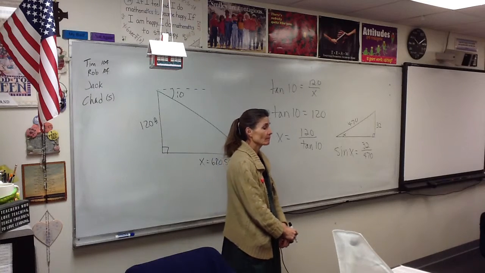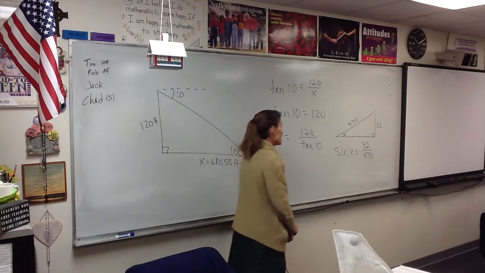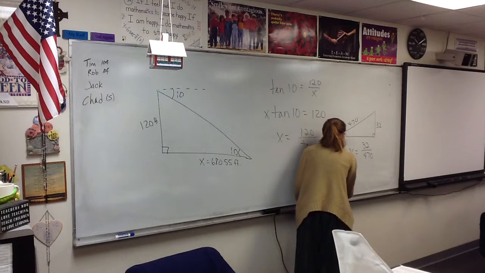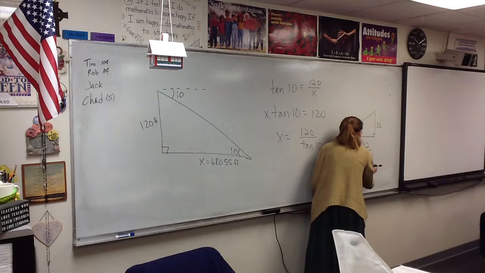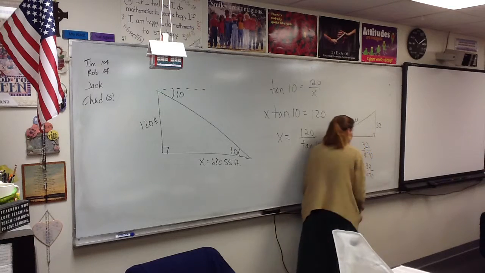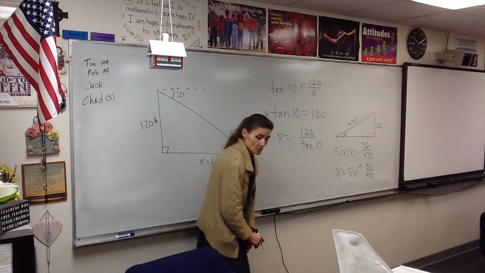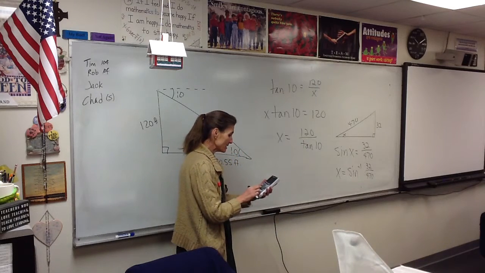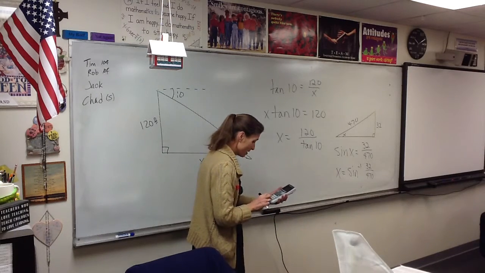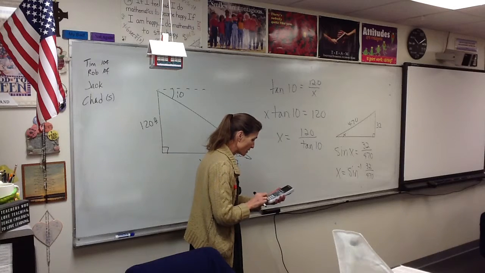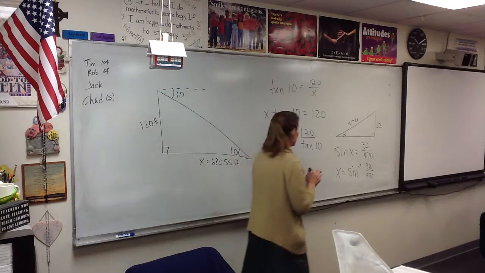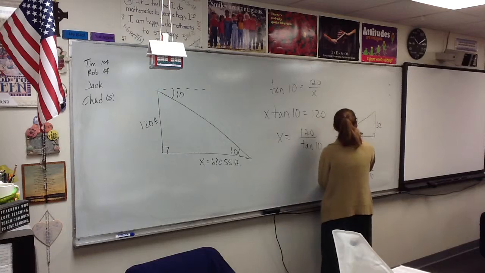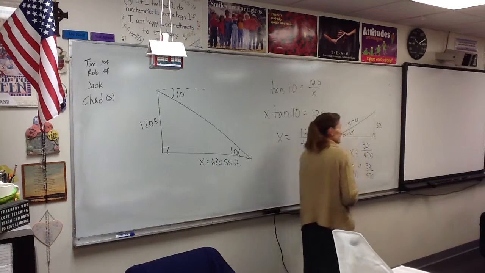When you want an angle on your calculator, you press the second sine button. So we will press on our calculators, second sine, 32 divided by 470 equals, and that angle is 3.9 degrees.